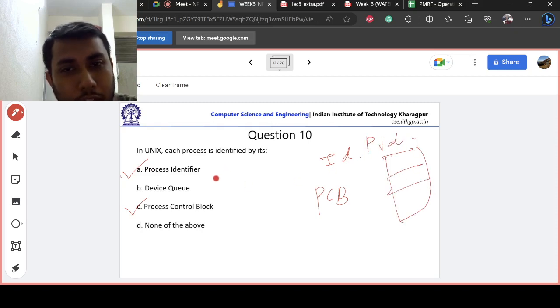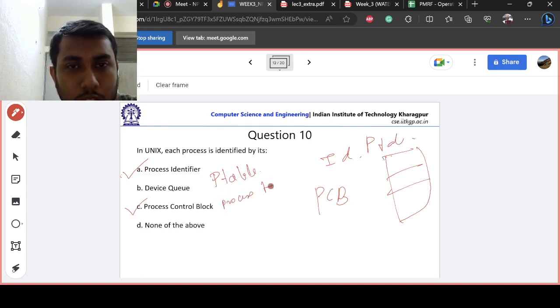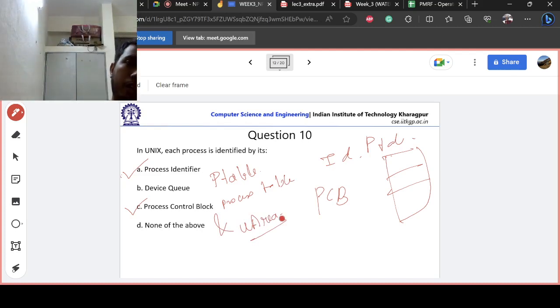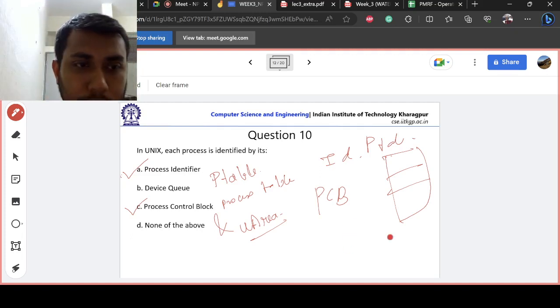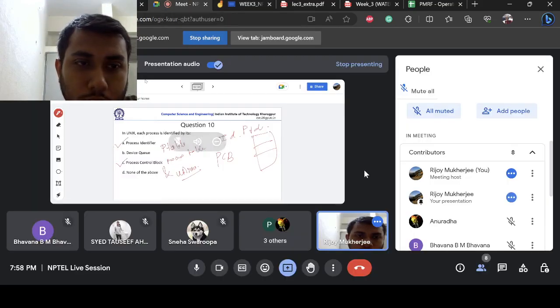So you read any textbook and search for this term, P table or process table, as well as U area. Not covered in this part, but this is important. So this part you read.